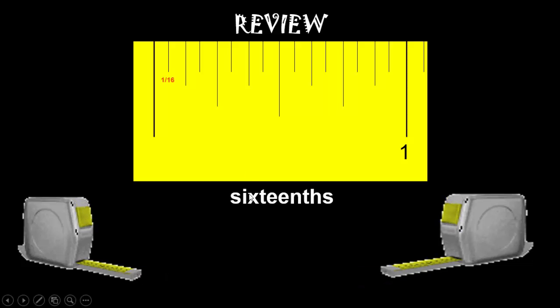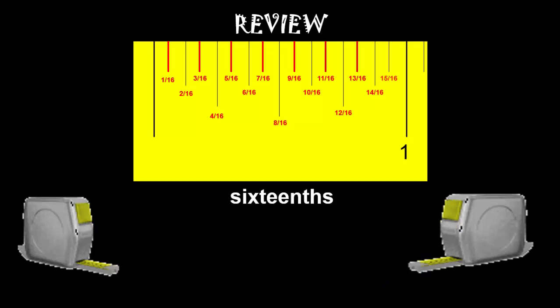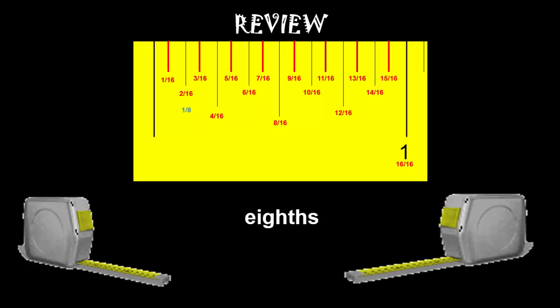So reviewing what we just showed, here are 16ths where we break the 1 inch up into 16 16ths. Next we break it up into eighths, 8 eighths to make 1 inch.